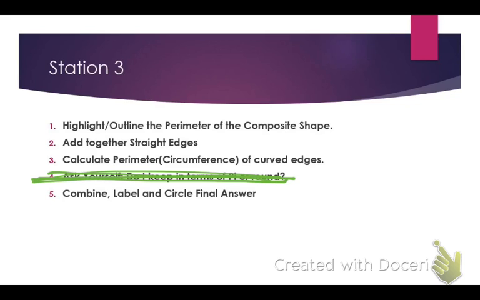The reason I say skip step 4 is because it says answer in terms of pi or round. I always want you to round. I don't really think there's a problem that says leave in terms of pi. So the last one is combine, label, and circle your final answer.